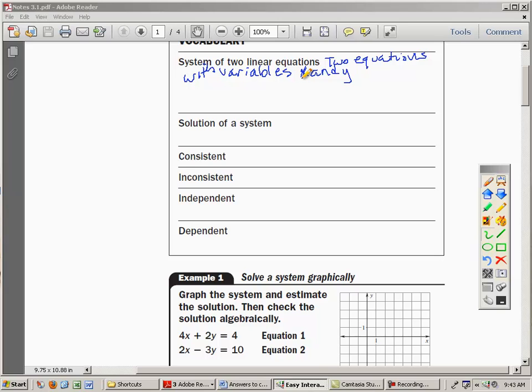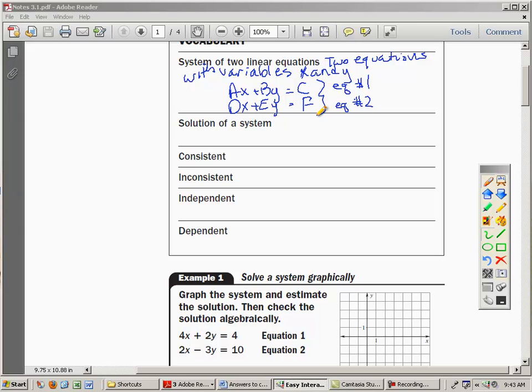So two equations in x and y, something like ax plus by is equal to c, and then dx plus ey is equal to f. So you have equation number 1 and equation number 2. So you will have a system of equations based on those two variables.